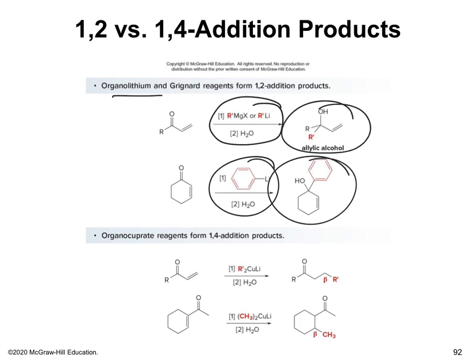You always get 1,2. The cuprates undergo 1,4, so they're going to add here, and then you're going to see the R is going to add and the hydrogen adds, so the double bond disappears here. So whenever you see this 1, 2, 3, 4, this is the 1,4 addition.